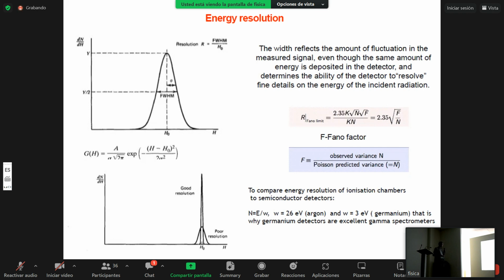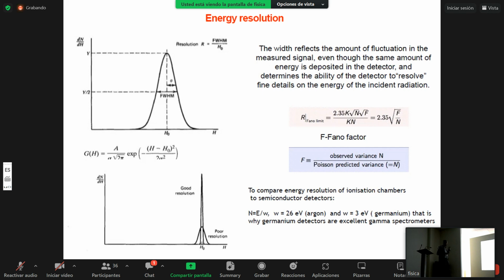If we have a bad or poor energy resolution, we have a peak which is wider. And I will show you later why it's so important. And there are some factors which really define the energy resolution, which is called the statistical limit of energy resolution.